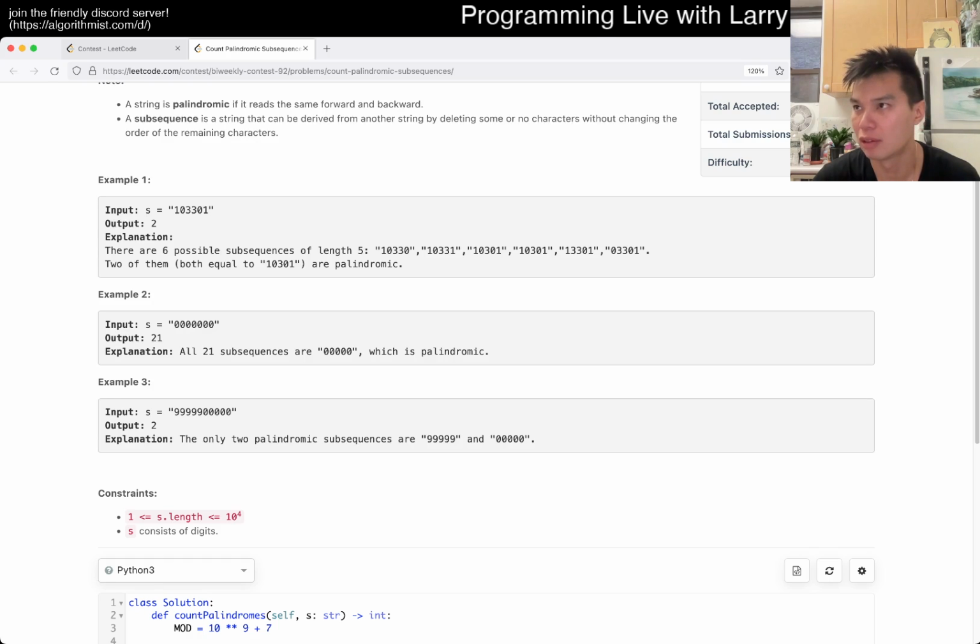Can we count the number of ways? So for each number that's the middle, maybe we can do something like... still n squared, right? Isn't it?